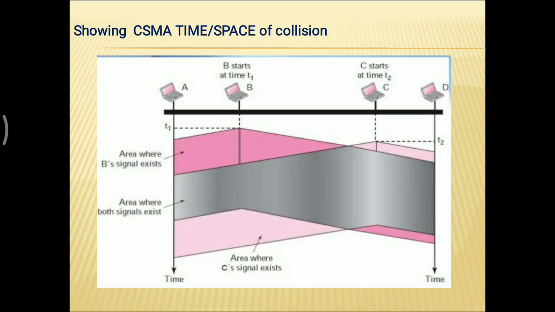So C also started at a different time interval, that is T2. But as we are observing, these two stations are on the same shared medium, so somewhere on the transmission medium there is a chance of a collision occurring.